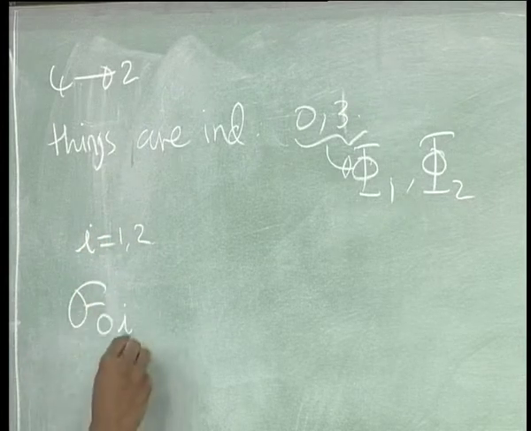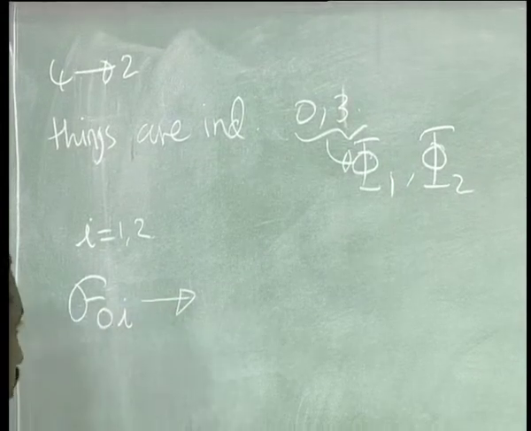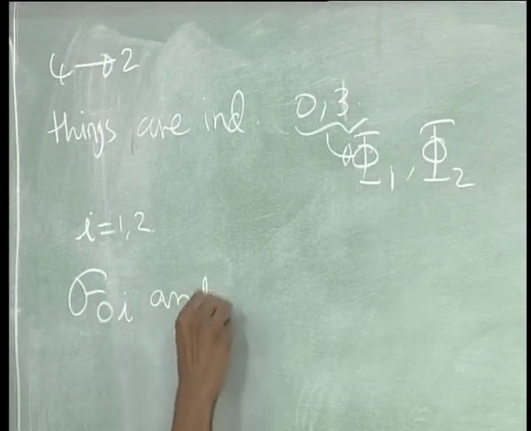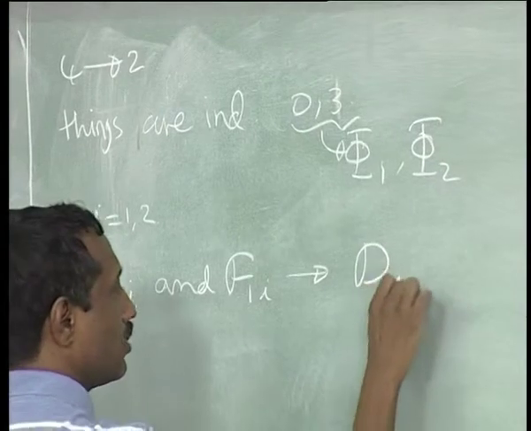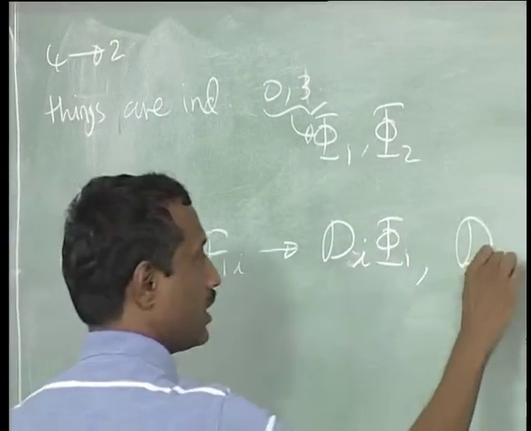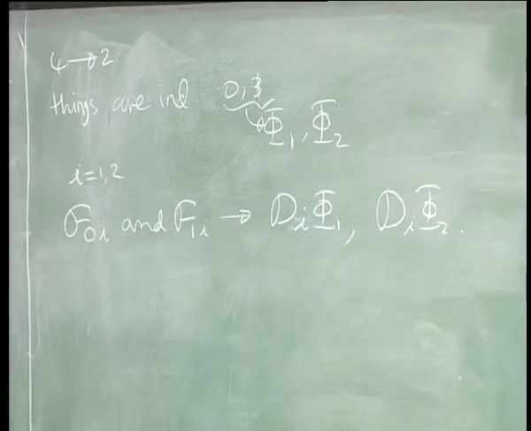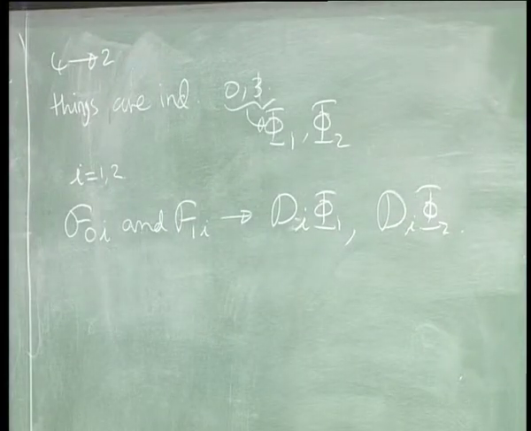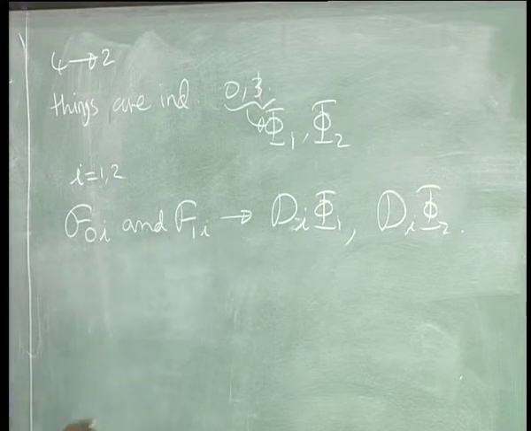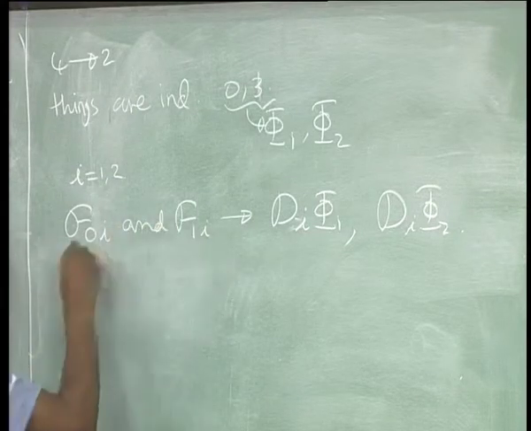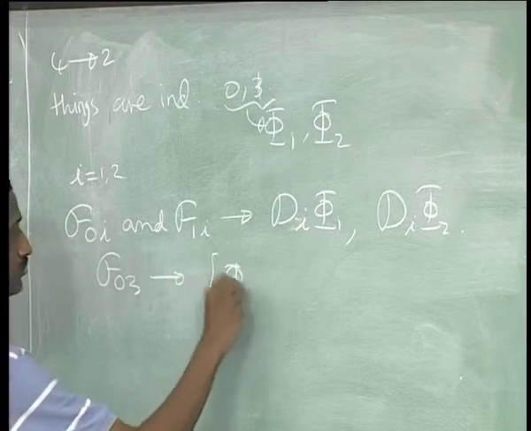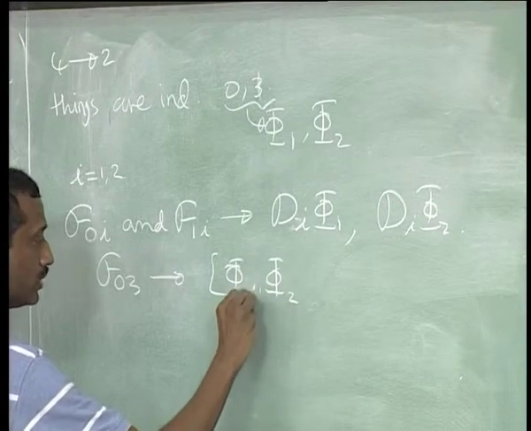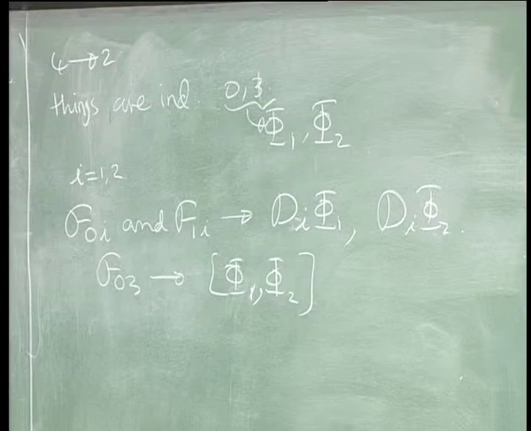You have F0I, which will go to D0 of phi 1 and D_I of phi 2, and F_ij will remain F12, there is nothing. But there is now the other bit which we saw already, F03 will go to the commutator of phi 1 and phi 2. I am very loose here with signs, signs are not so important, the structure is much more important. Okay.